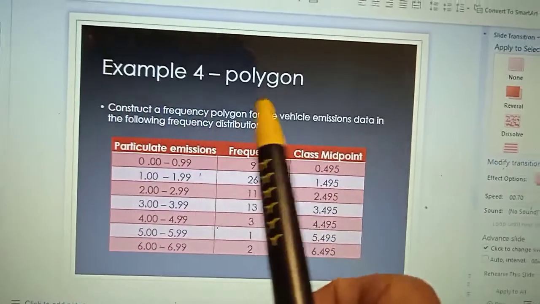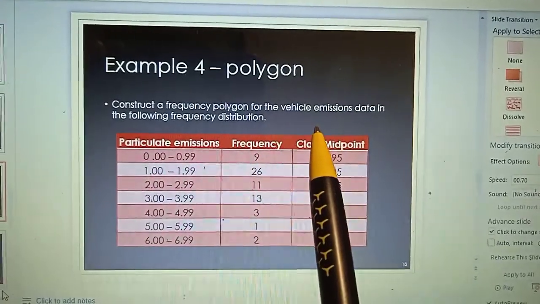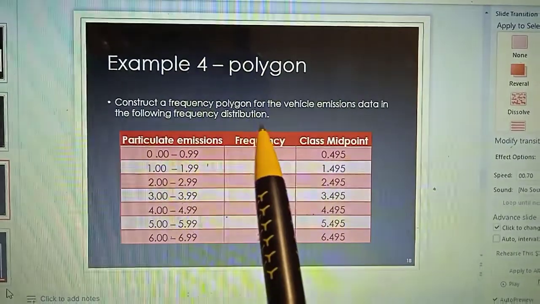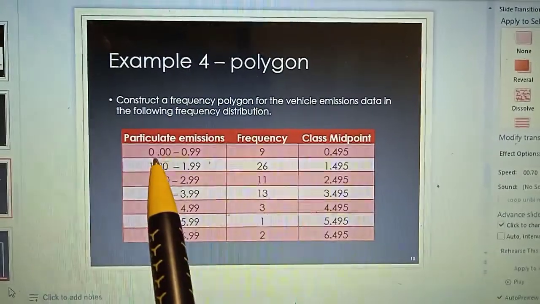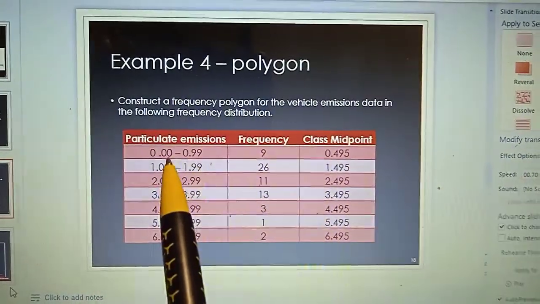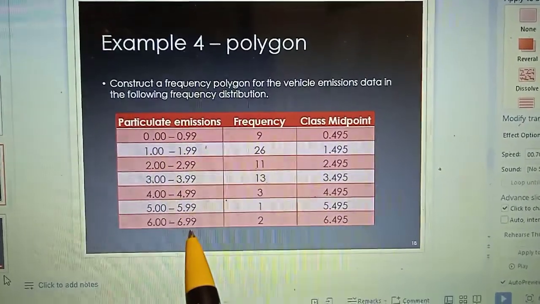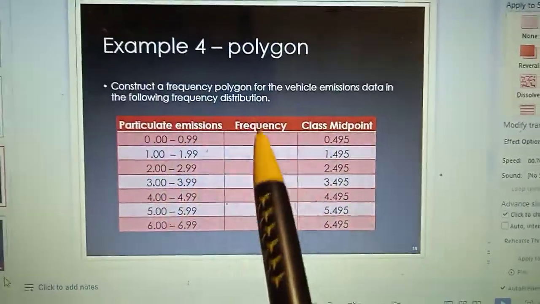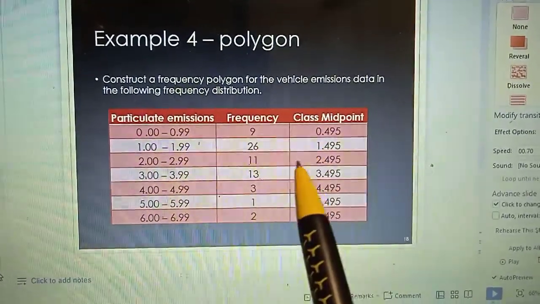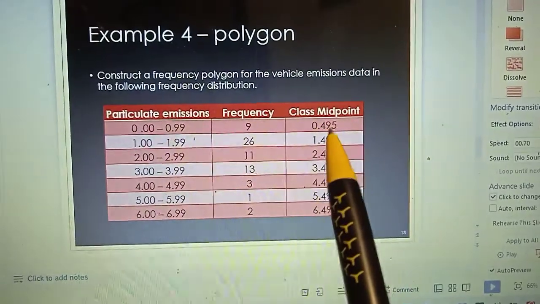Okay, example 4, polygon. Construct a frequency polygon for the vehicle emissions data in the following frequency distribution. Earlier we collected data on the particulate emissions and determined the class width, and then the frequency shows which data falls into which class. The next column is the class midpoint.